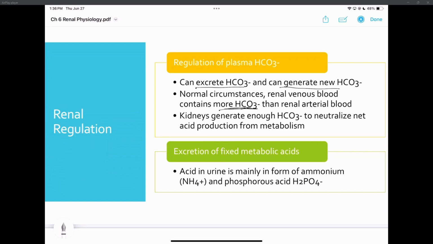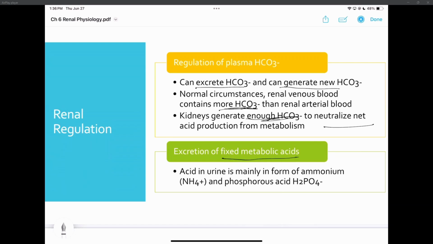Usually the kidney, under normal situations, will generate just enough bicarb to neutralize any acid from metabolism. So normally, all systems are working appropriately. Our pH is within normal physiological ranges, and everything's okay. The other thing that the kidneys can do is excrete fixed metabolic acids.